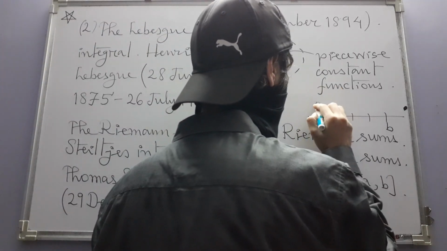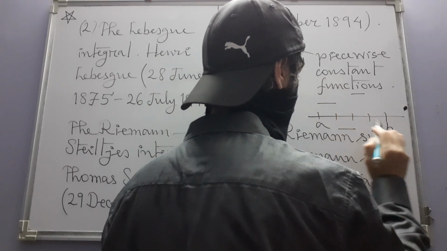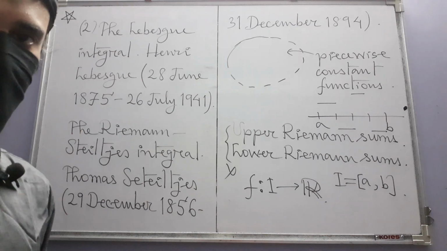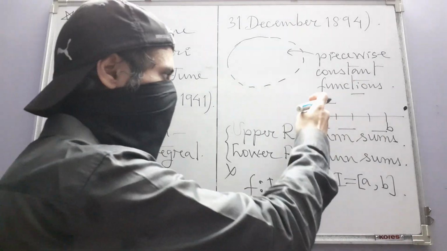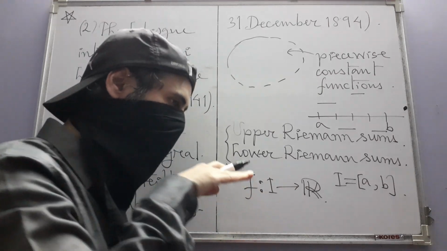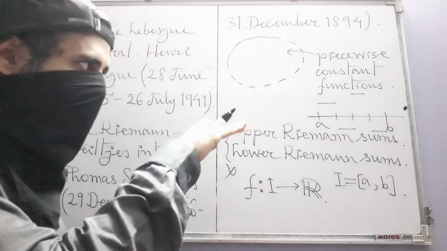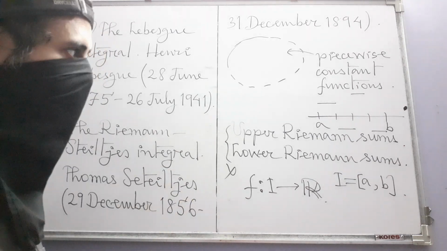In each subinterval, your function is constant. That kind of functions are called piecewise constant. So the graph literally will look like this. In a given subinterval, the value is constant. In another subinterval, that value may change, but in that subinterval, it is still constant.